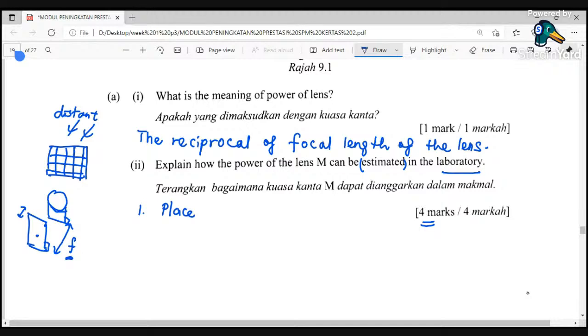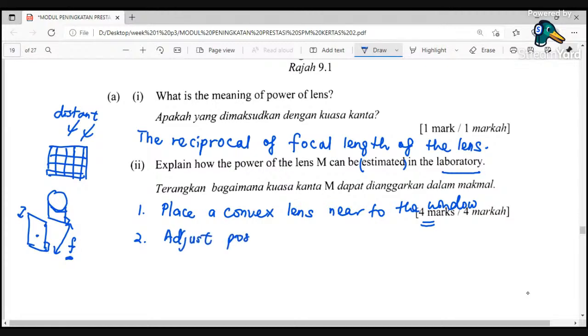Place a convex lens near to the window. Second, adjust position of the screen until a sharp image is formed.